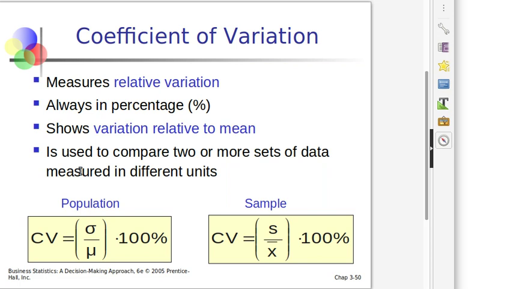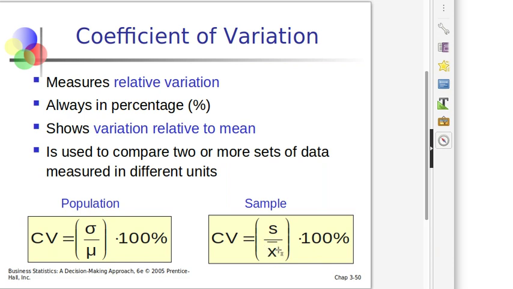And it is used to compare two or more sets of data measured in different units. As always, there is the population coefficient of variation, and there is the sample coefficient of variation. Basically the same except for the symbol.